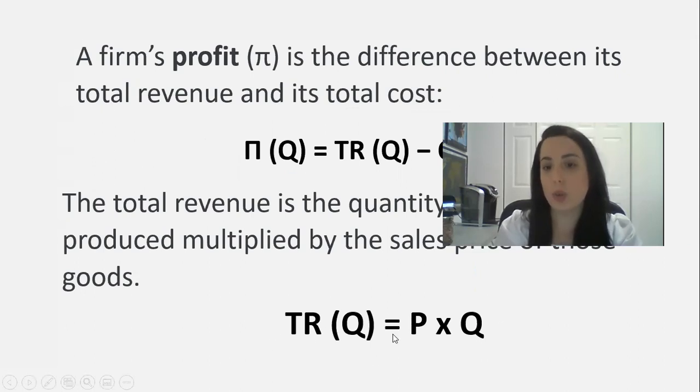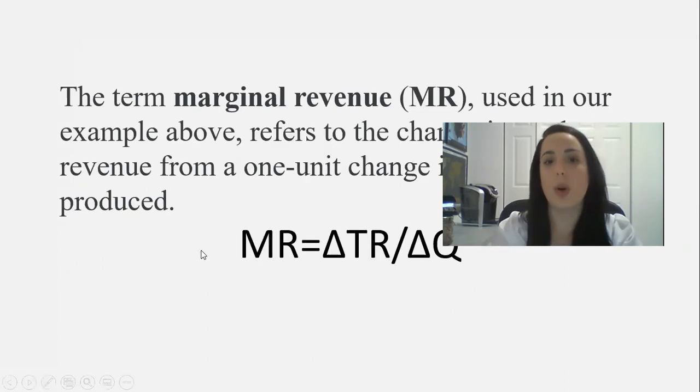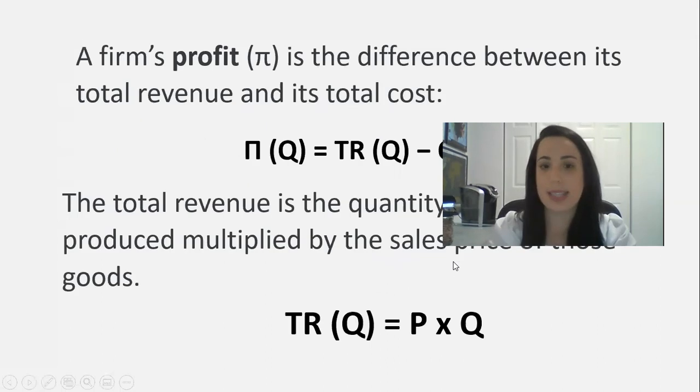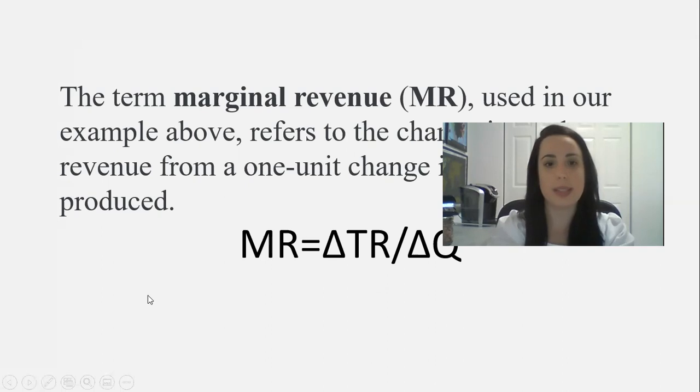So we can conclude in that case that price will also equal marginal revenue for this kind of firm. So at this point, we can conclude that price will be the same thing as marginal revenue.